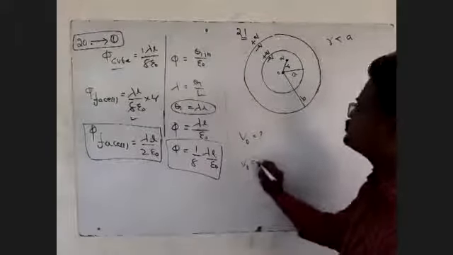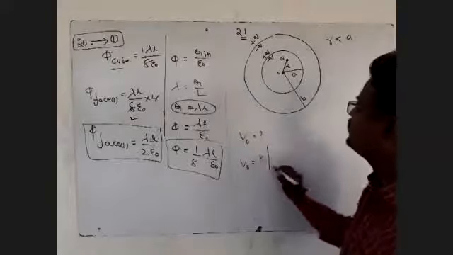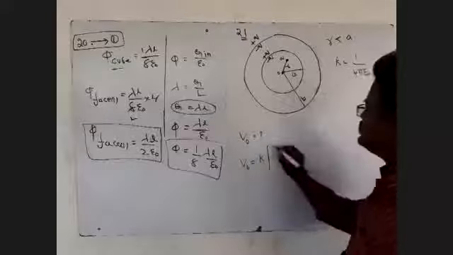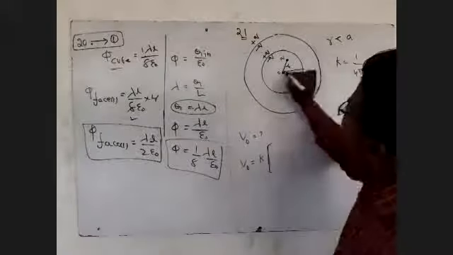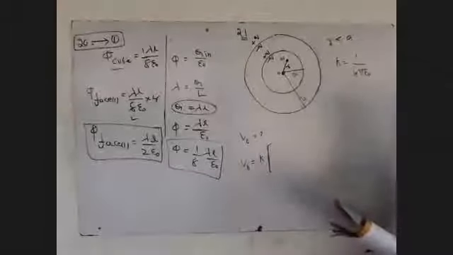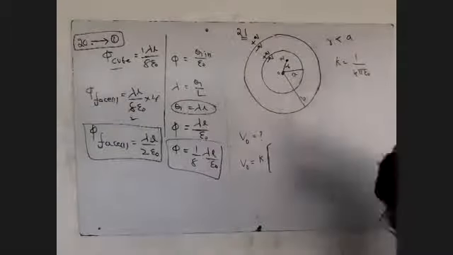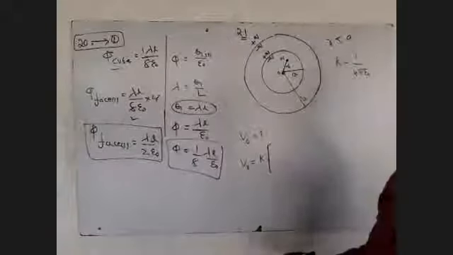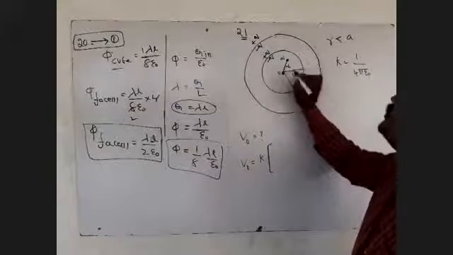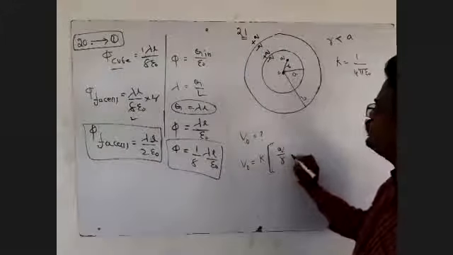V naught is equal to K, that is 1 by 4 pi epsilon naught, times the electric potential at the O point. First is Q by R.